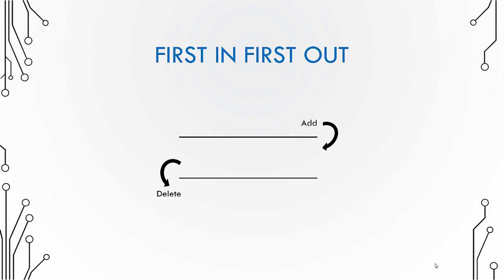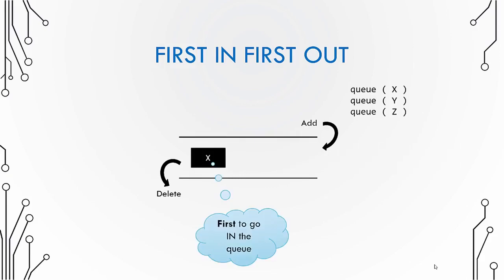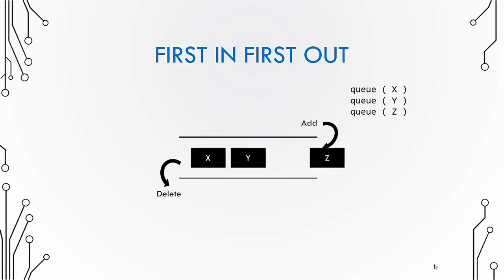Let us see this animation to understand this further. So you have a queue, you add elements to the back of the queue and you delete elements from the front of the queue. So let us queue in three numbers x, y, and z. When we queue x, it is the first number to go inside the queue, right? Let us add the other two numbers. So there is y and there is z.